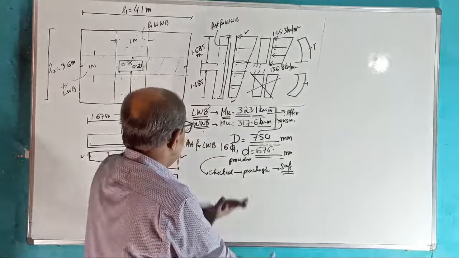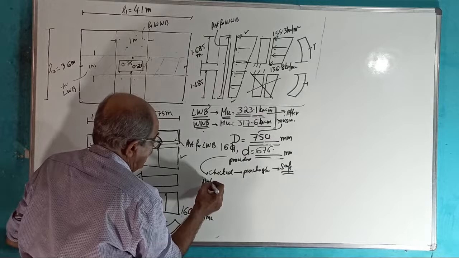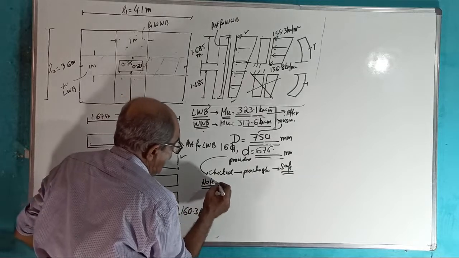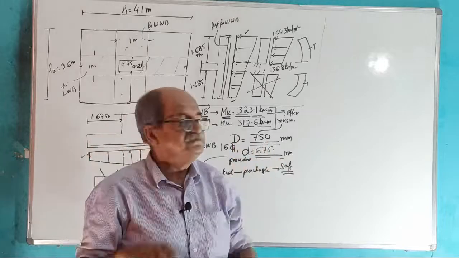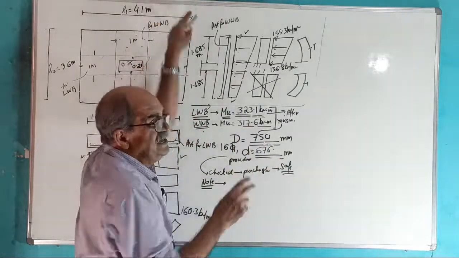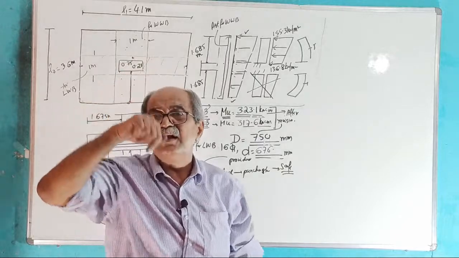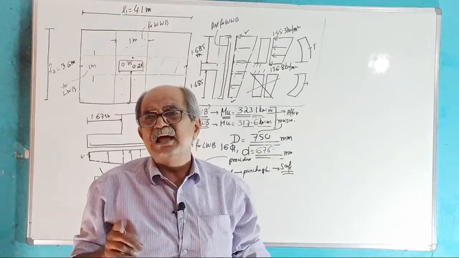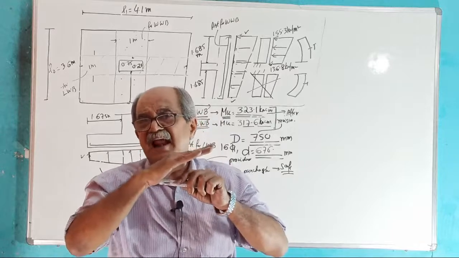Now, the punching shear check part. Immediately make a note. Remember, I will not tell again. I told you this repeatedly earlier. Punching shear check first. There is one more shear which is not punching shear, which will cause diagonal tension cracks.